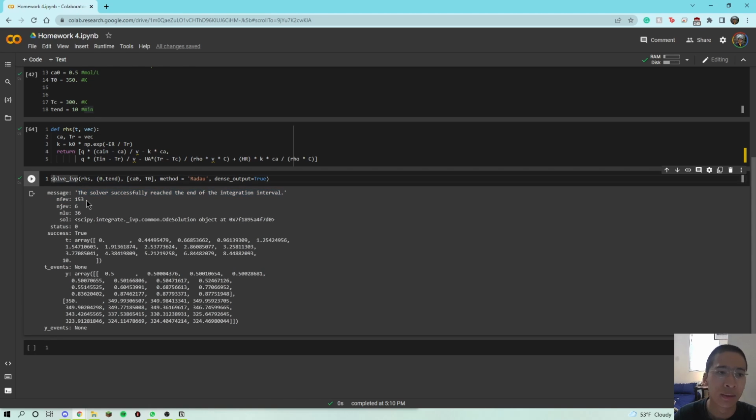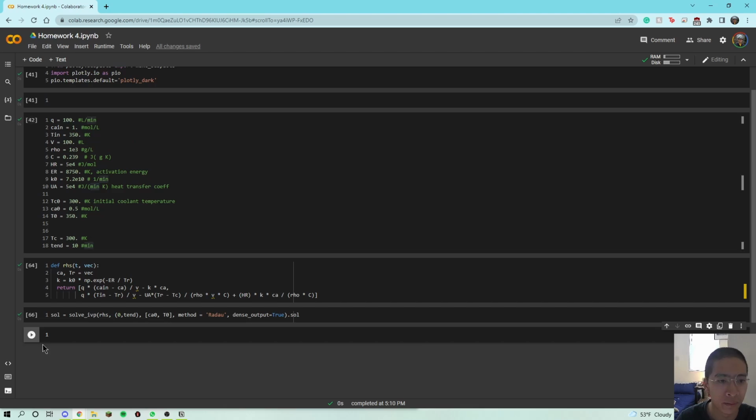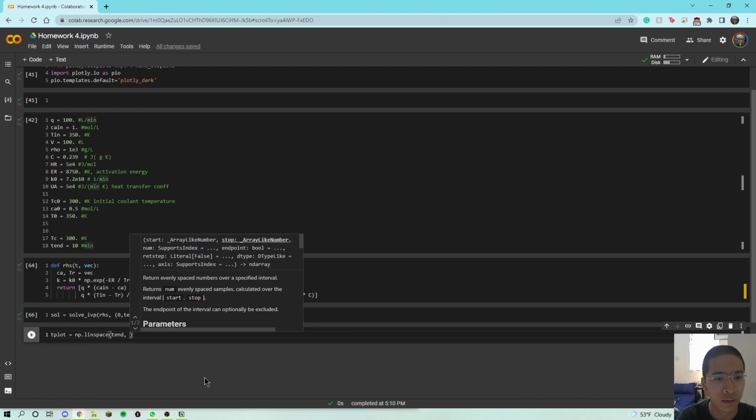Great. So then we can pull the solution function out of this. I won't bore you again with what the solution function does, since I've gone over it many a time in my previous videos. We first say that we want t for plotting purposes equals np.linspace, 0 to T end, 1000, something like that.